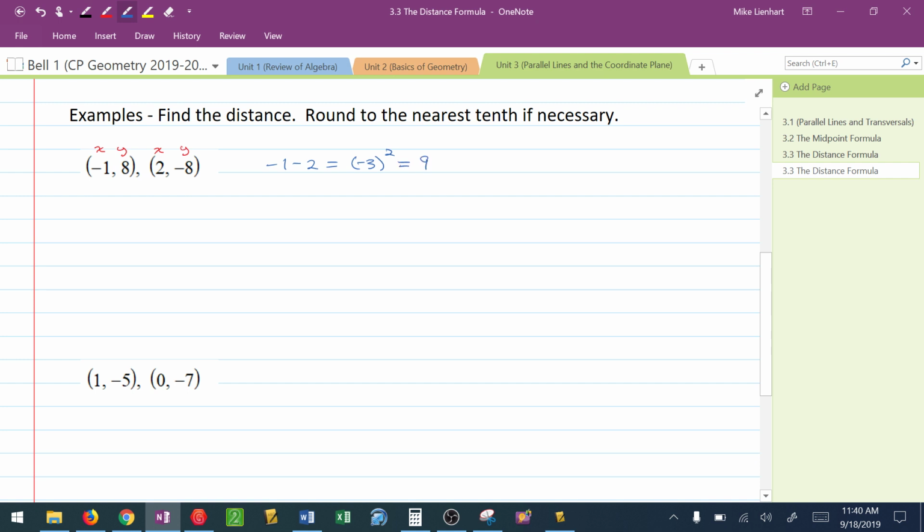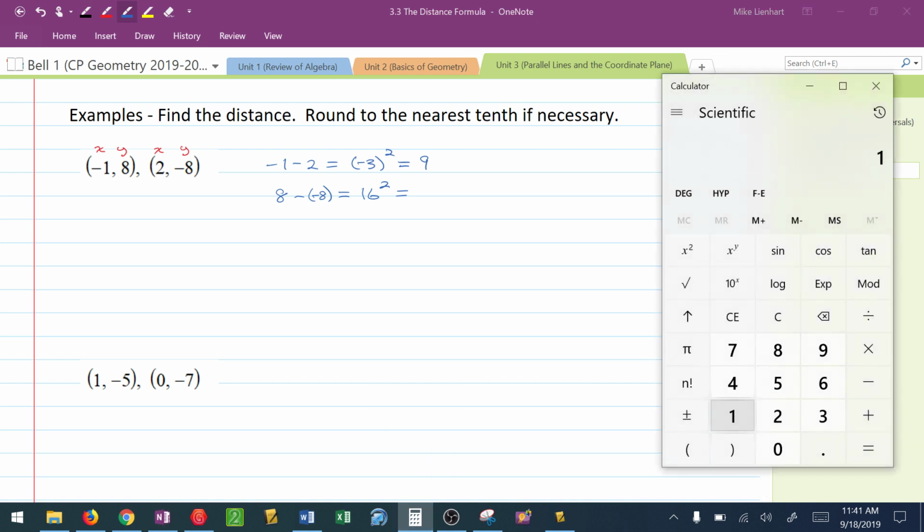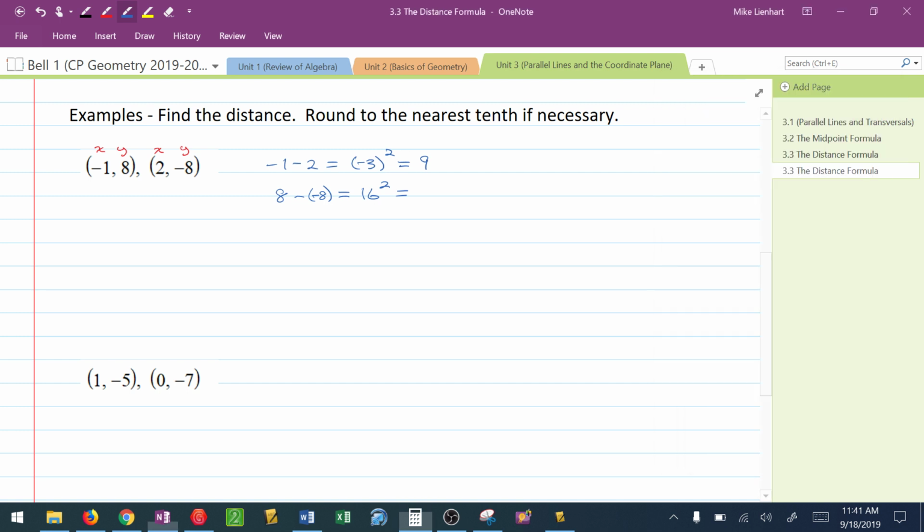I'm now going to subtract the y's, and it has to be in the same order that I did the x's. So that means that I'm going to take 8 minus -8, which would be 16. I have to square 16, and for those of you that don't remember, 16 squared means 16 times 16, which would be 256.